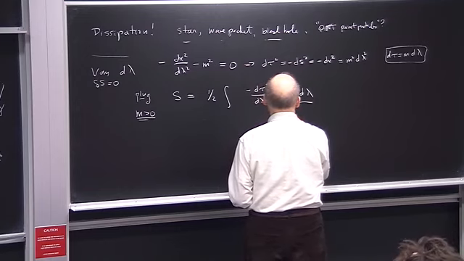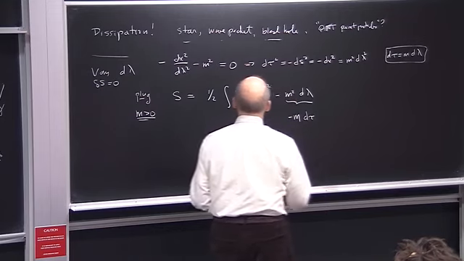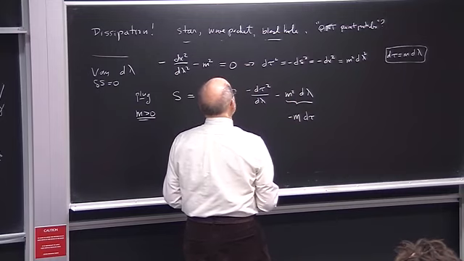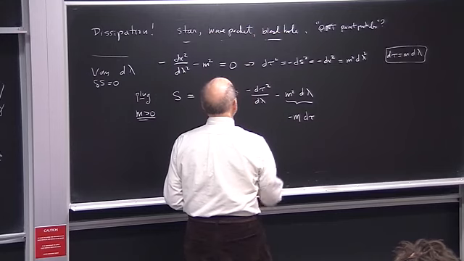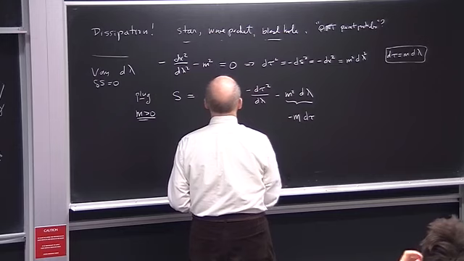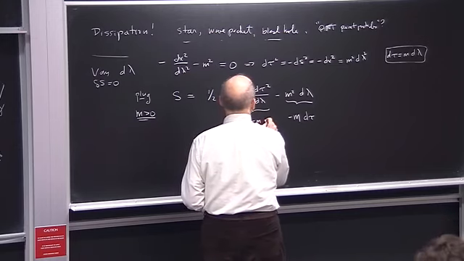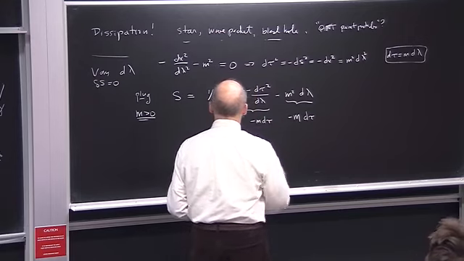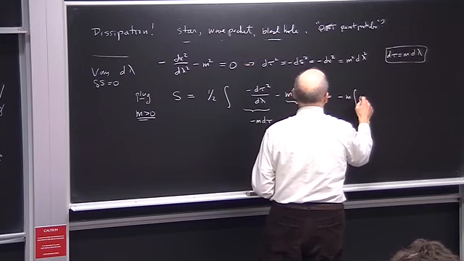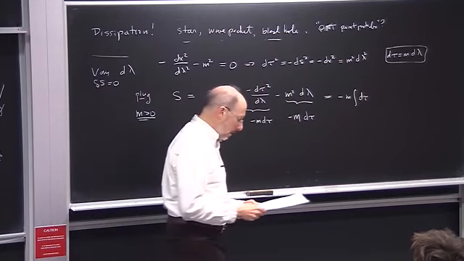So this becomes minus m, and I keep the other m. It becomes minus m d tau. And what does this term become? Well, remember, if I take one of the d taus away, then it becomes m d lambda, and that cancels out, that gives us an m. So this also equals minus m d tau. And there's a 1/2 here, so the whole thing becomes minus m integral d tau, which was the other action we had.